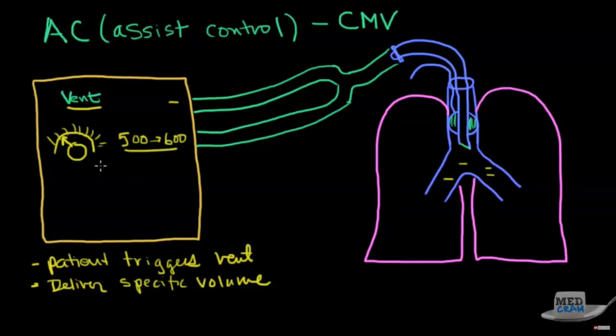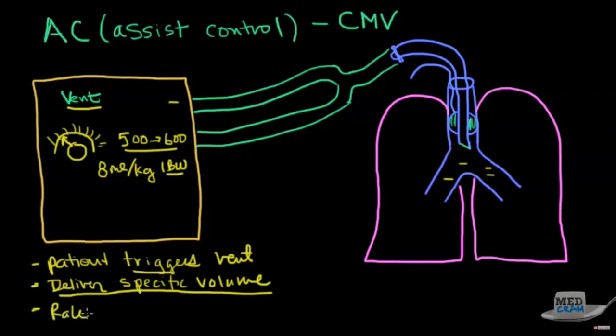The ideal way of ventilating somebody would be around 8 milliliters per kilogram ideal body weight, okay? So anyway, whatever that volume is, it's going to deliver that specific volume in AC mode ventilation, okay? Now, the patient can trigger it.